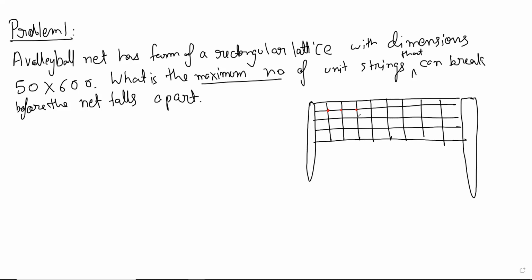And this is a unit string, this is a unit string, and so on. So how many of them can we afford to break in the best situation so that the net is still in one piece?